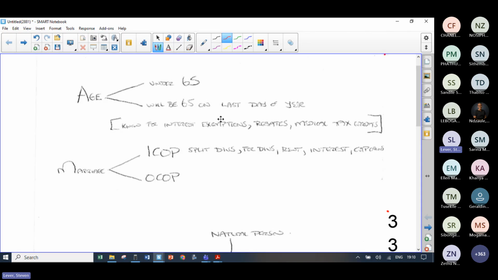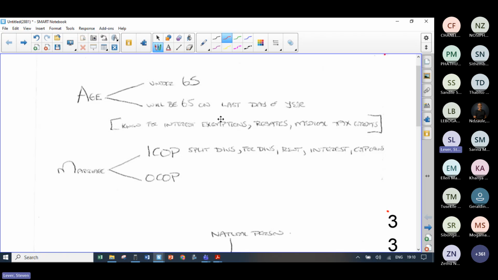If you die, you're not alive for the whole year, so you need to apportion the interest exemption, because you apportion it if you don't have it for the whole year. The second thing is you will apportion your rebates as well. So please be aware.